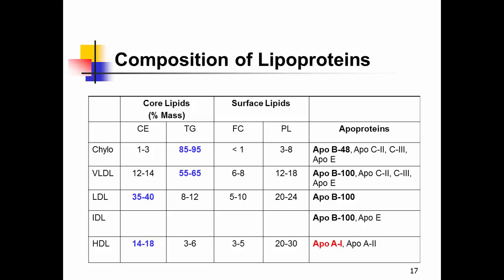Chylomicron is also mainly synthesized in the small intestine. And VLDL, the main type of ApoB protein is ApoB100. ApoB100 is synthesized in the liver, and similarly, the VLDL is also synthesized in the liver. So you can tie this together, right? Again, different types of lipoproteins contain different types of apoproteins.